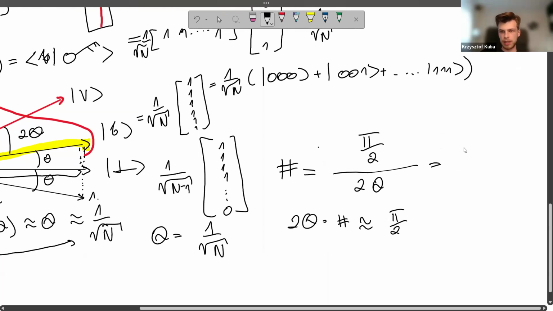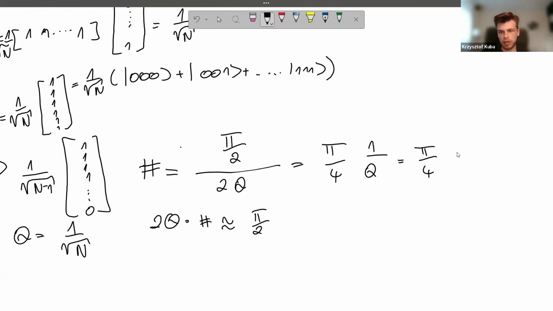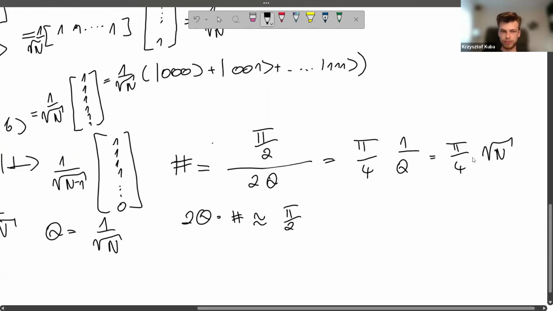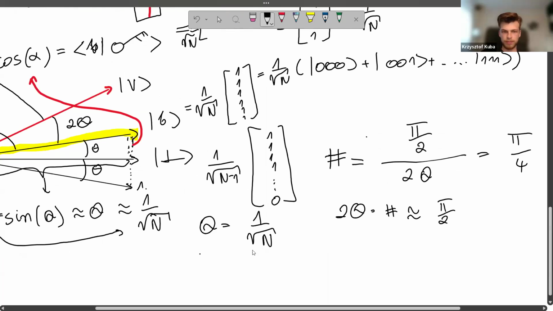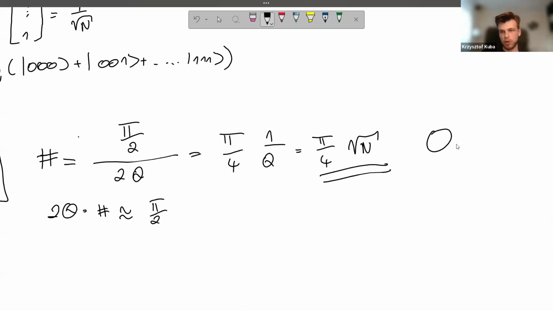Expanding this gives us pi over 4 divided by theta, but we know that 1 over theta is actually square root of n, right? This is why Grover's algorithm has a quadratic speedup, which is also denoted as big O of square root of n.